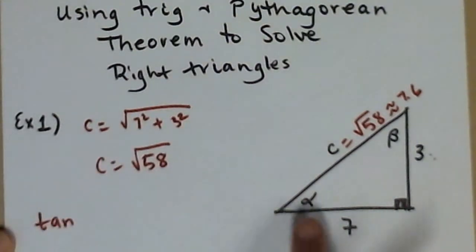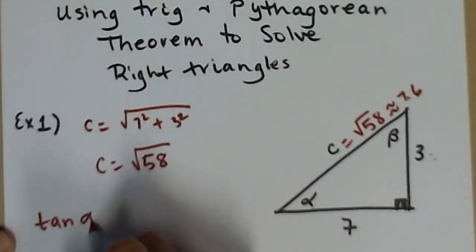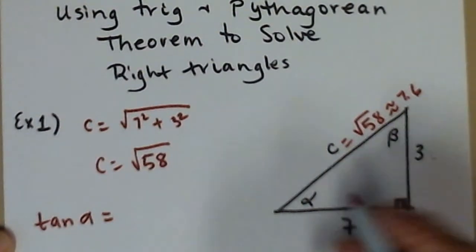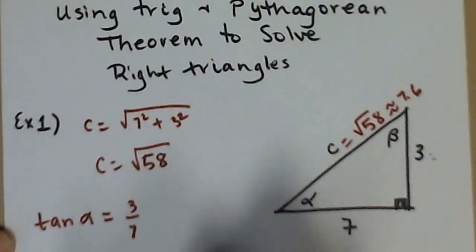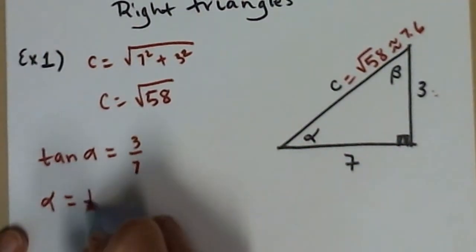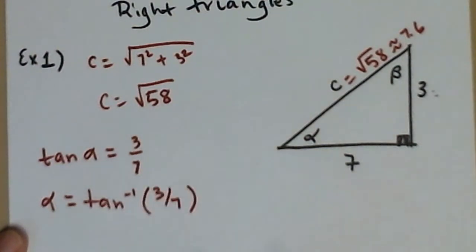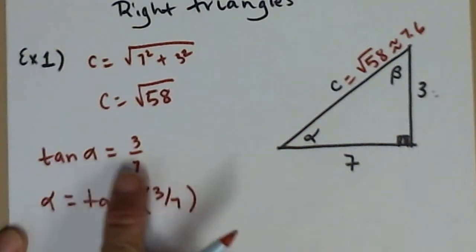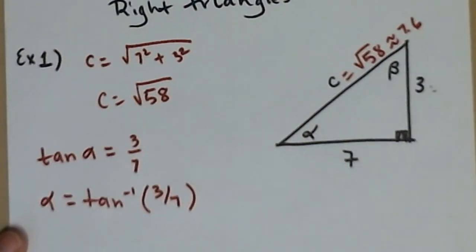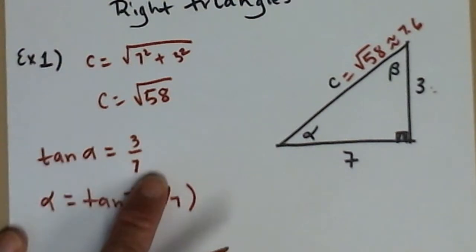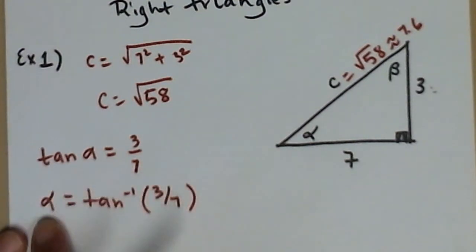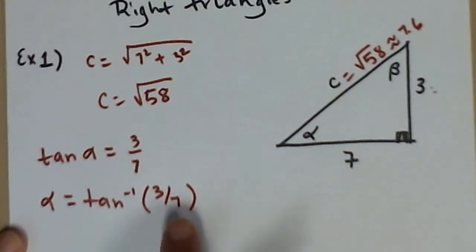First thing I do is I say, okay, well, the tangent of alpha is equal to opposite over adjacent. So then I know that alpha equals the inverse tangent of that same ratio. Think about composition and the function and its inverse, so inverse tangent of both sides here. Inverse tangent of alpha gives you alpha, and inverse tangent of 3/7 is a number our calculator is going to tell us. So I'll go ahead and put my calculator up here.